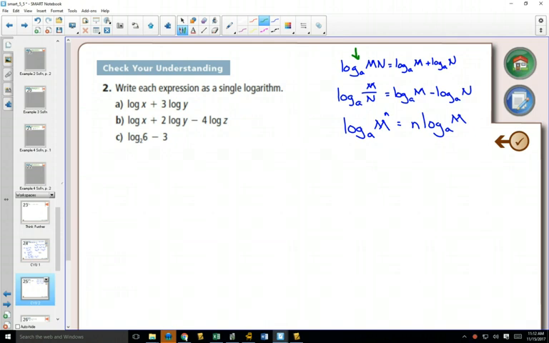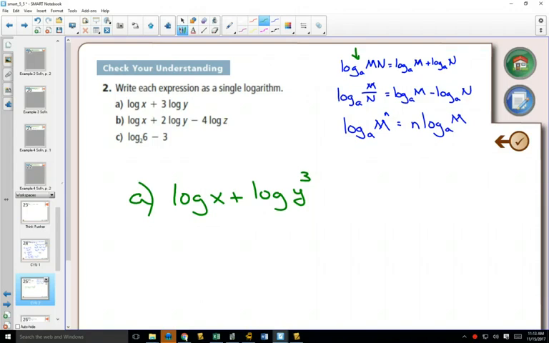If we could get rid of that 3 somehow, it might help us. So we look further on our list and see that I have a number in front on the last one, and I can put a number in front in as an exponent. If I do that, that'll move the 3 in as an exponent, and I'd have log x plus log y cubed.